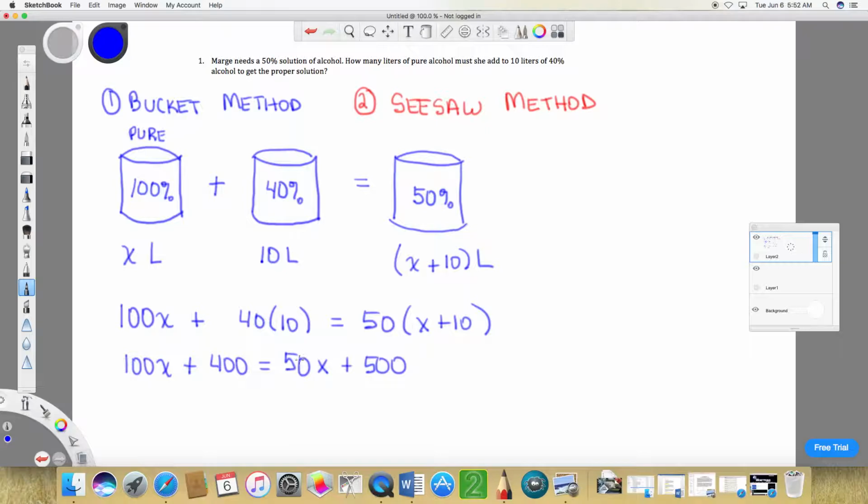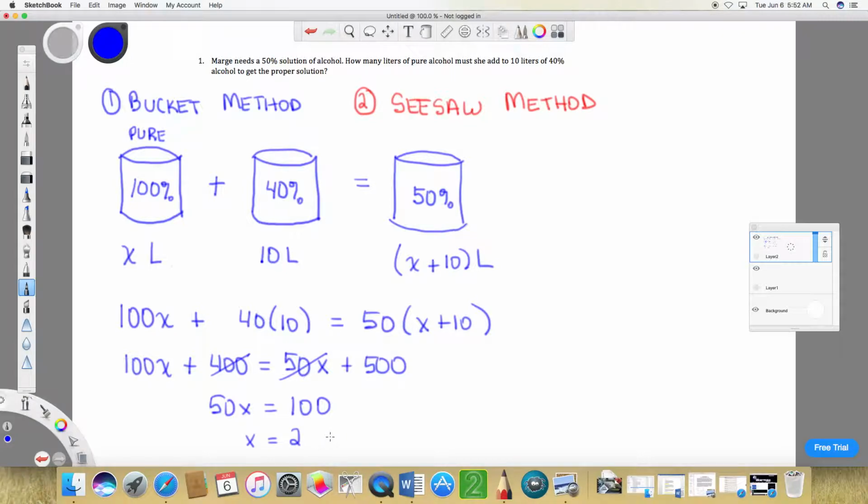So I'm going to take 50x away from each side of this equation, and 100x minus 50x is 50x. And then I'm going to subtract 400 from both sides of this equation, and then divide by 50, and we can see that x equals 2.